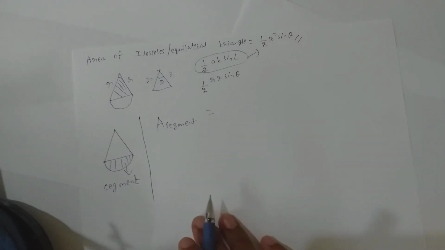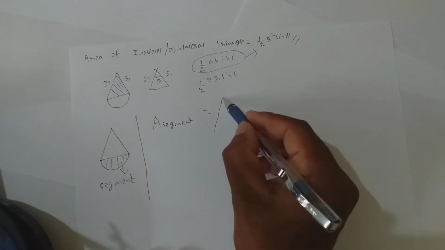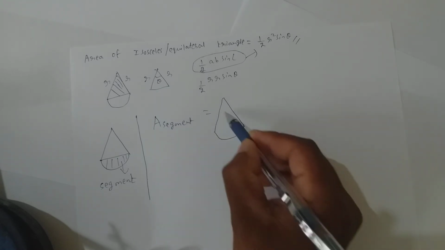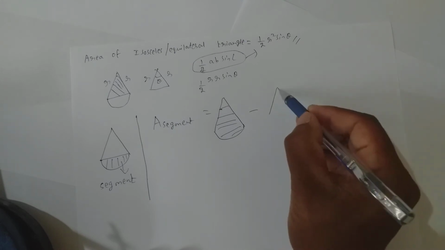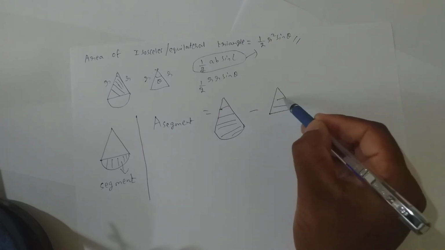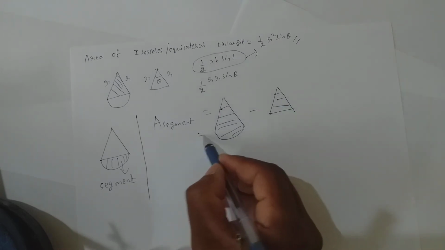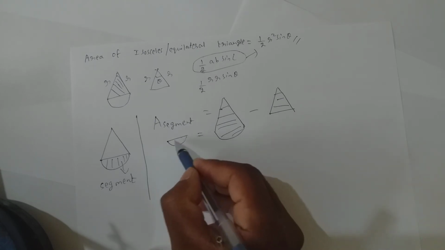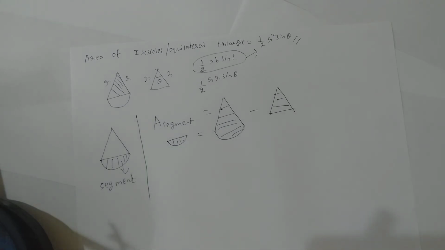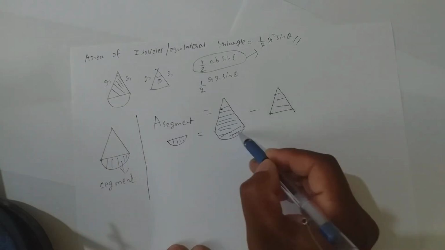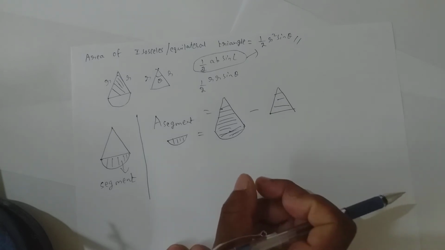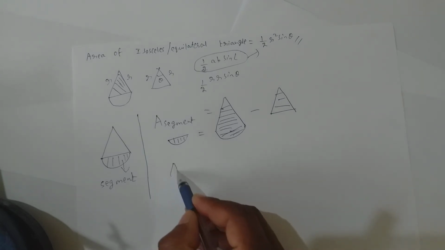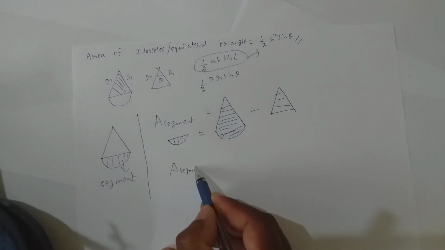Area of segment is nothing but, from the entire sector area, if I remove the triangle area, the remaining is this part. Clear enough? I showed with the help of a diagram. From this entire area, if you remove the triangle till here, the bottom part is what is left out, that we call the area of segment.